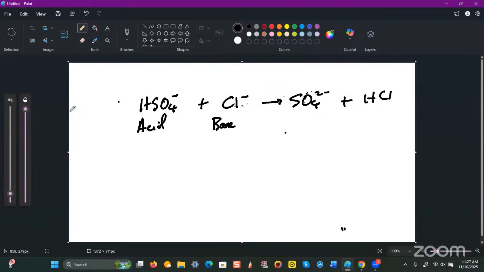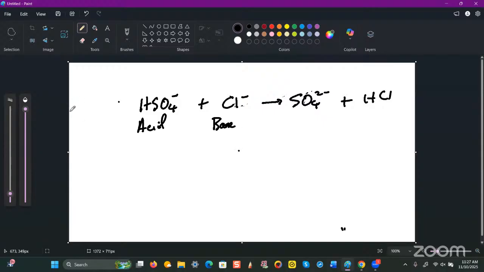On the right side now, one of them is a conjugate acid and one is a conjugate base, right? Let's start with the conjugate base. Which is the conjugate base? Remember, the conjugate base is what forms when the acid loses a proton.